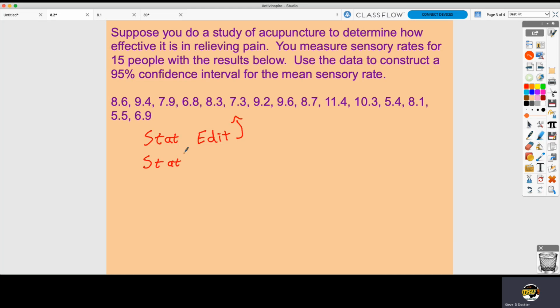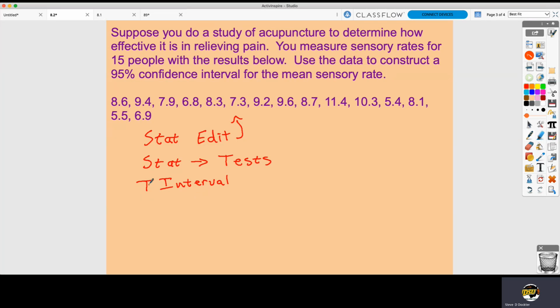You are going to arrow over to tests. Go down to T interval. Once you get there, you press enter.